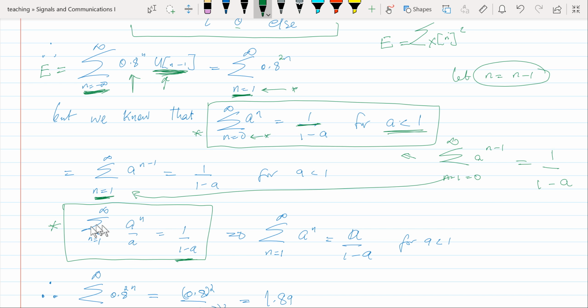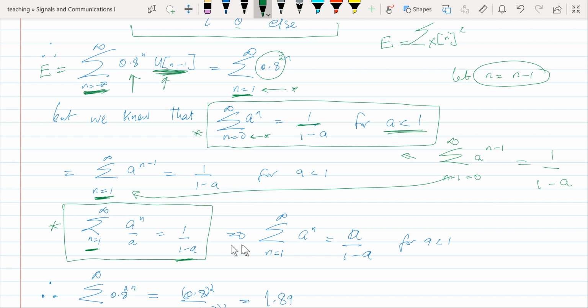What we have just seen is that if you change this limit from 0 to 1, this is equivalent to dividing our function by a. And therefore our 0.8 squared to the power n, you can just treat the square as one function, becomes 0.64, and what we are left with is the power n.